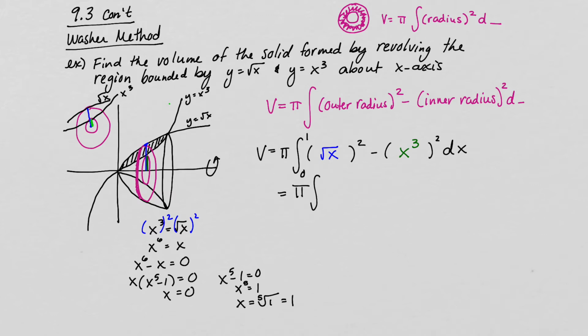So that's why my outer radius starts at 0 and goes up to square root of x, and then my inner radius starts at 0 and goes up to x cubed. Does that help on the picture? No problem. Other questions?